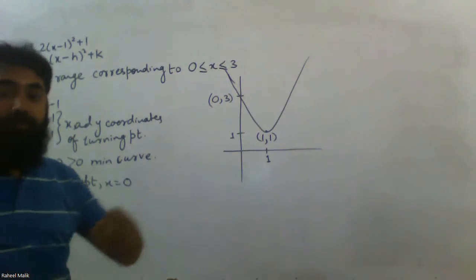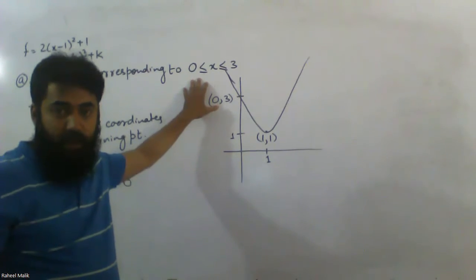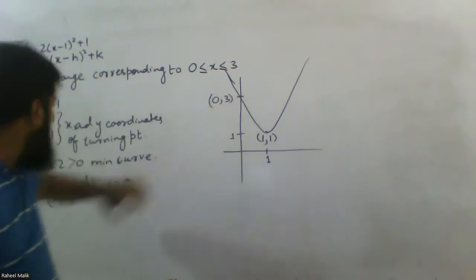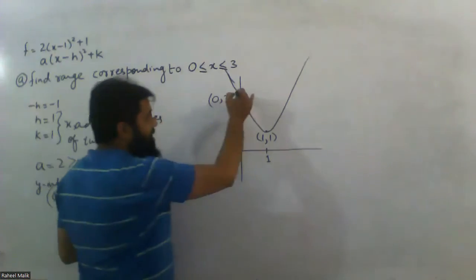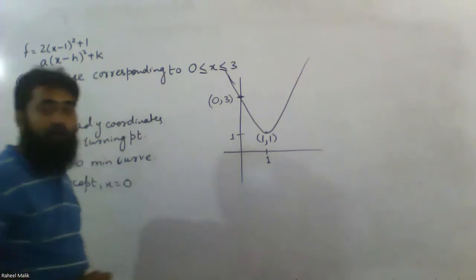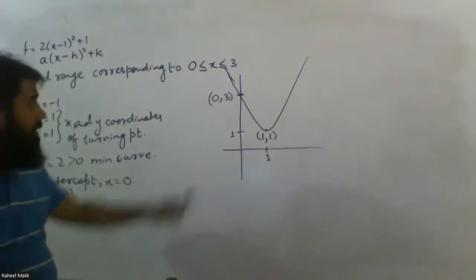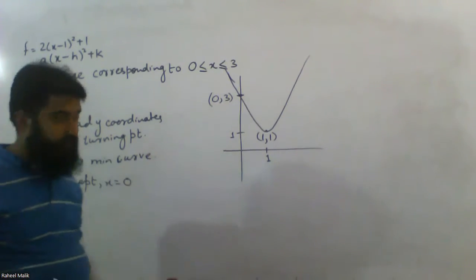Now, how to find the range of this domain? If I put 0 over here, like I have plotted it, I will have my point from here. This is my y-axis. I am going to get the first range over here.